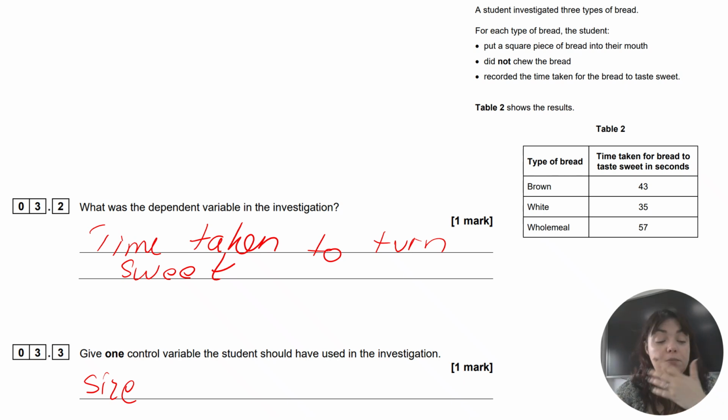The location of the bread on the tongue or the position of the bread in the mouth. Or you could say that you need to clean your mouth out between tests. So you do the brown one, then you rinse your mouth out with water, then you do the white one. Anything to do with the temperature of the bread or the same student? No, ignoring those ones. It's just the ones that I've said.